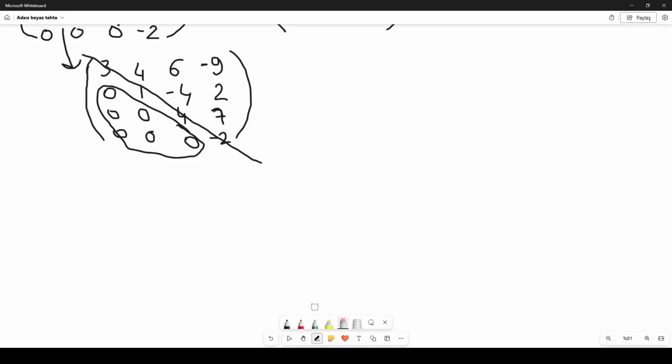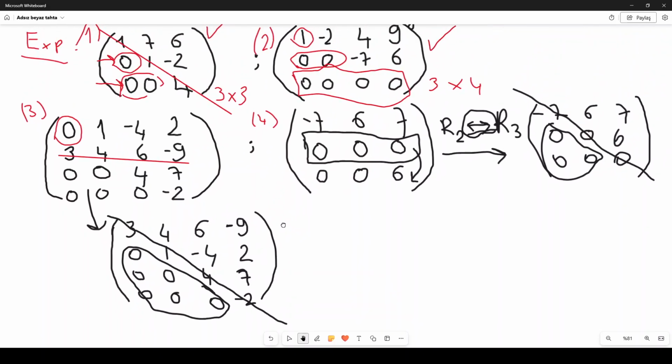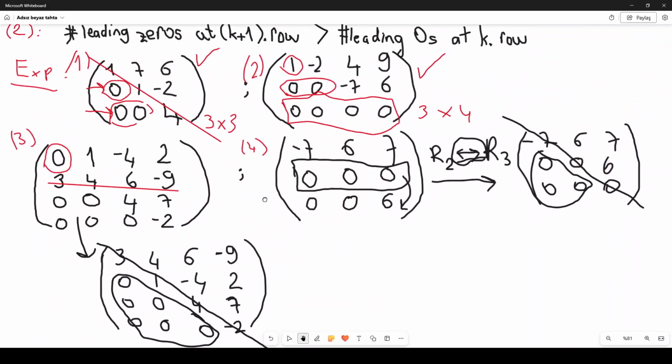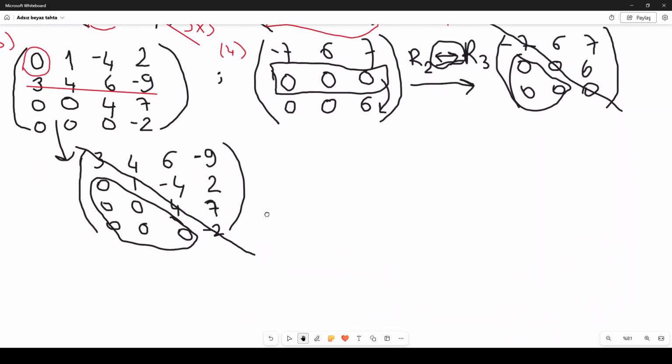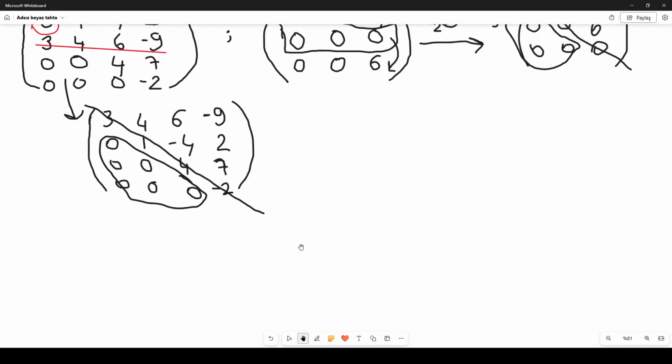I would like to remind you how we can convert a system into an augmented form, or vice versa. In other words, if we have an augmented form, how can we convert it into the system of linear equations? Suppose we are given, let's say, just make up a matrix.